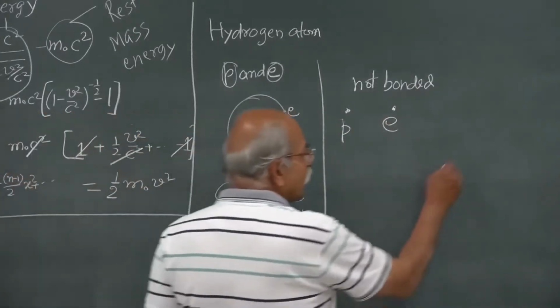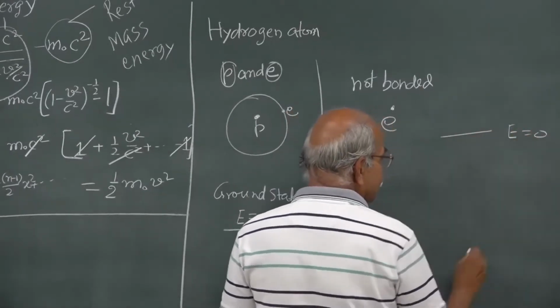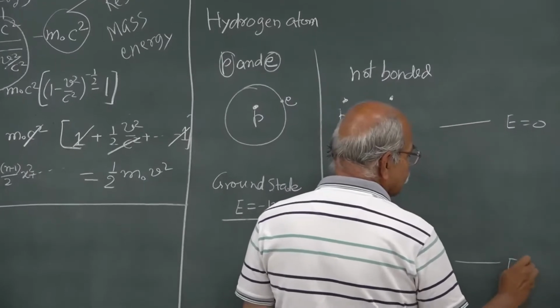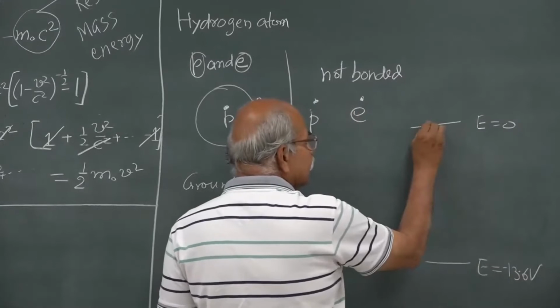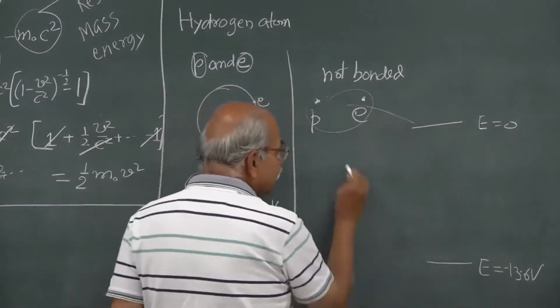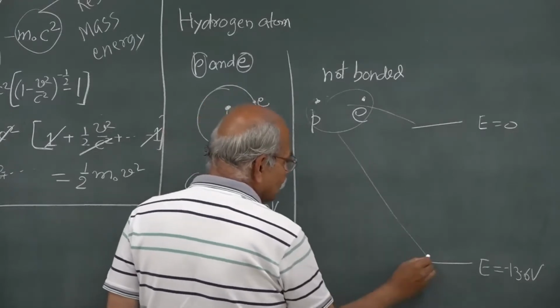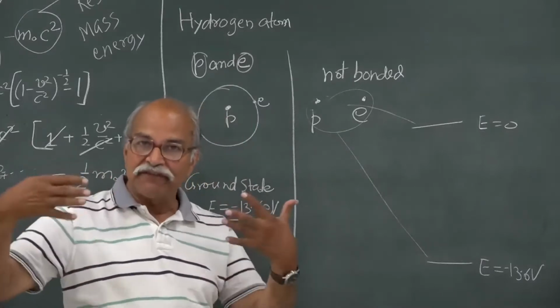Now, compared to this energy, if you call this energy as 0, then this energy is minus 13.6 eV. So, when we draw our diagrams, this is energy equal to 0 and then we say that energy is minus 13.6 eV. This is when the proton and electron are separated, and this is when they are bonded. And bonded also can be in different fashions.